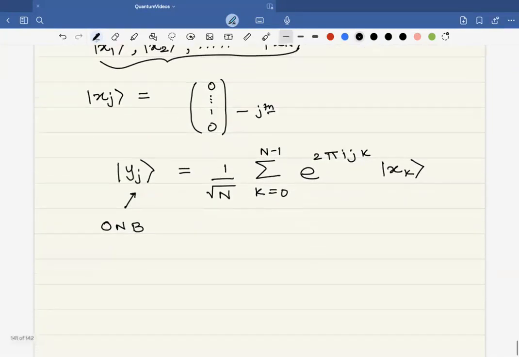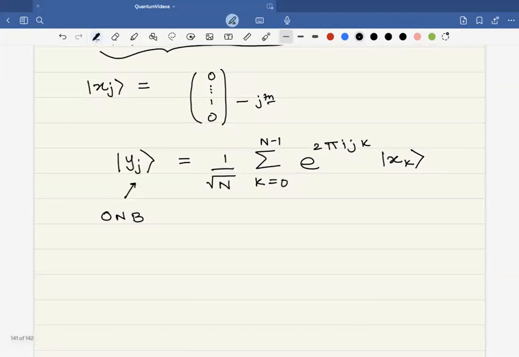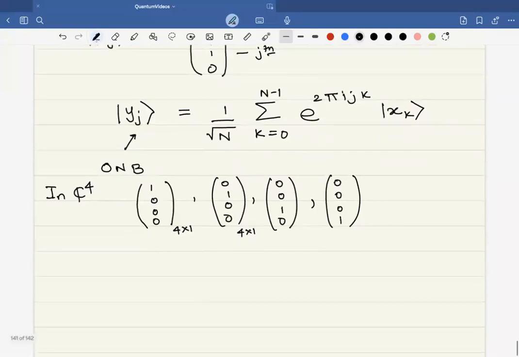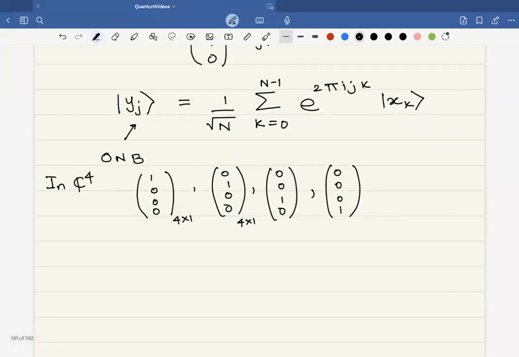So for example, let's take the case of C4. There are 4 basis vectors: 1, 0, 0, 0; 0, 1, 0, 0; 0, 0, 1, 0; and 0, 0, 0, 1. These are 4 vectors, each of them a 4 cross 1 vector. And if I want to represent them in qubits, I only need two of them.